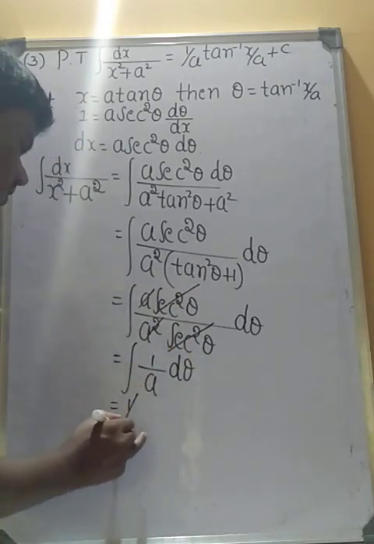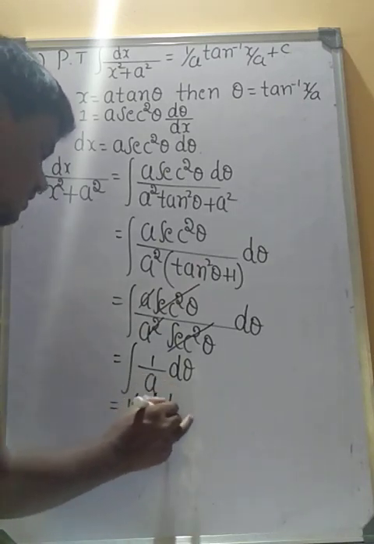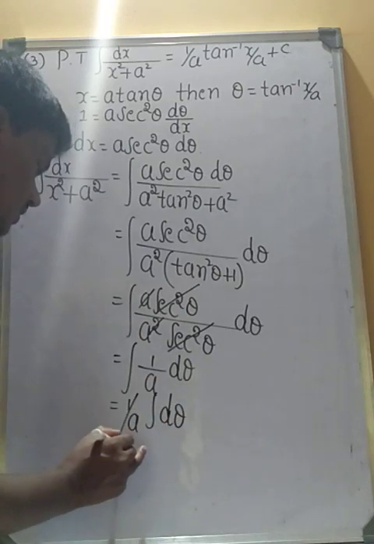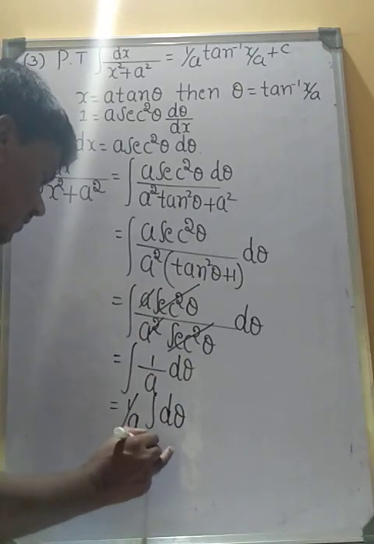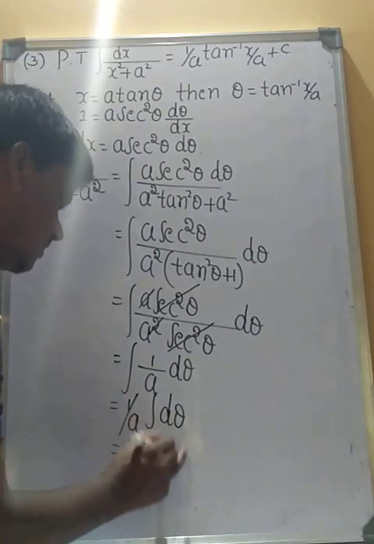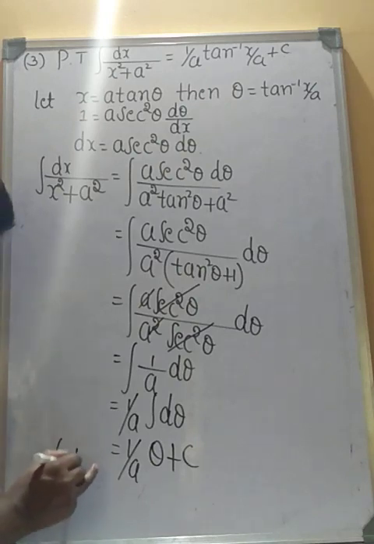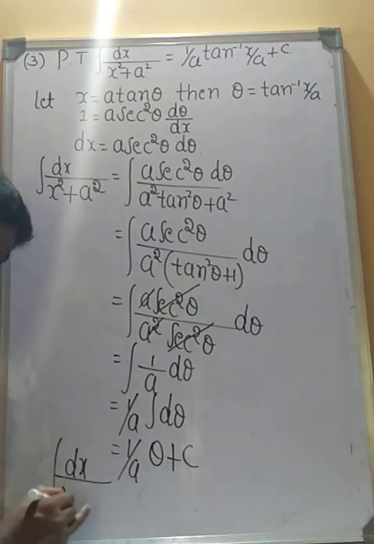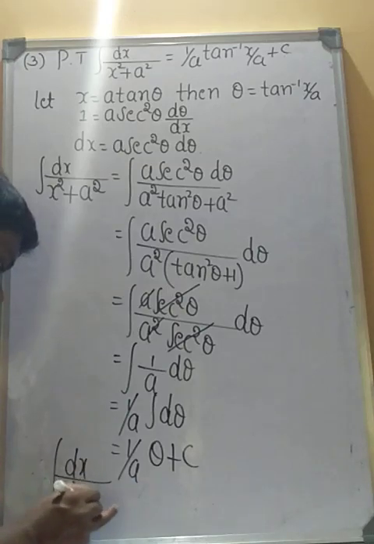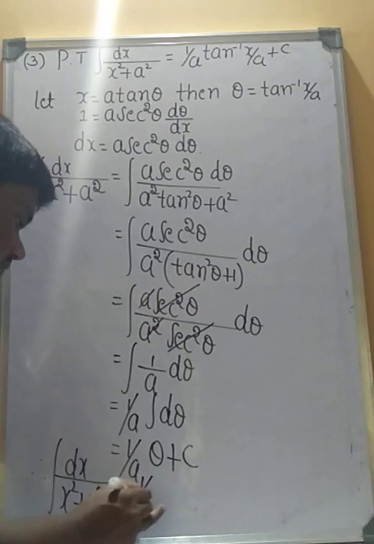Take outside 1 by a, integral of d theta equals 1 by a. What is integral of d theta? It is theta plus c. Therefore, integral of dx dividing by x square plus a square equals 1 divided by a.